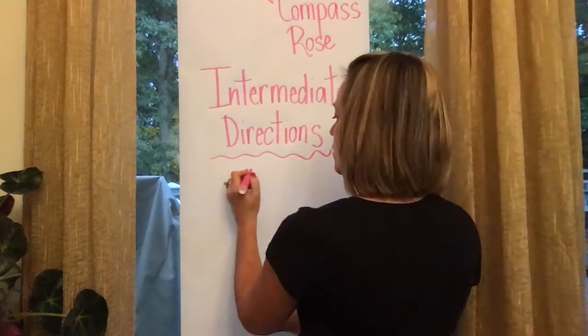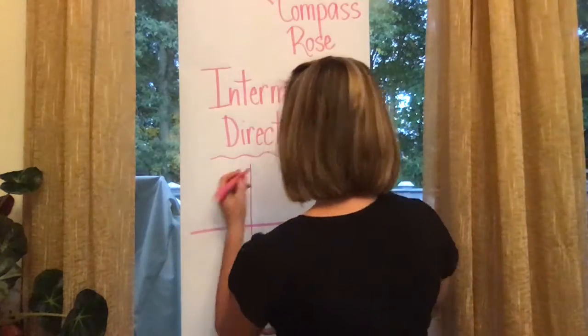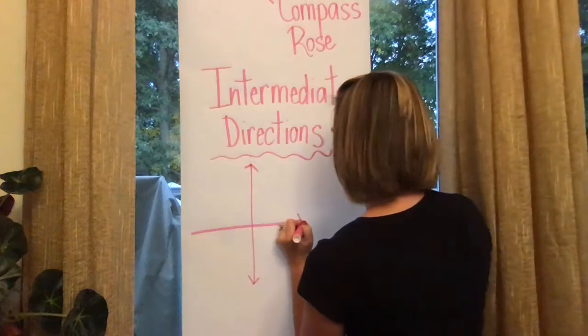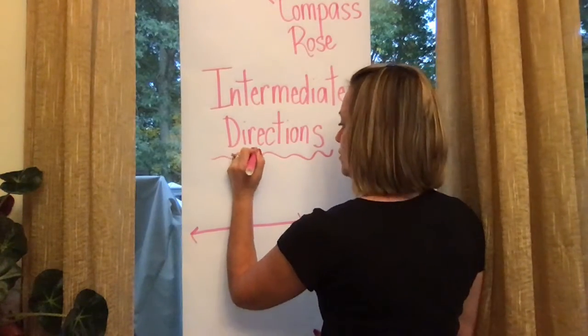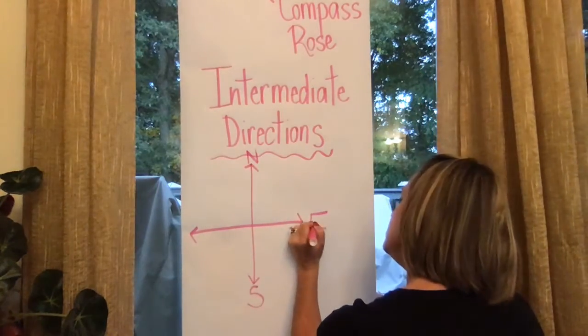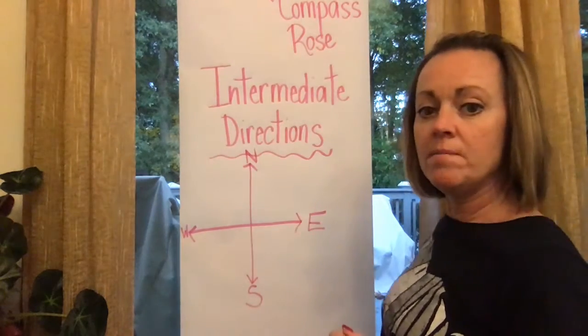Okay, so here we go. You'll start out with your compass, okay? So we'll start out just like we did before with our compass rose. So we'll have our north, our south, our east, and our west, okay?